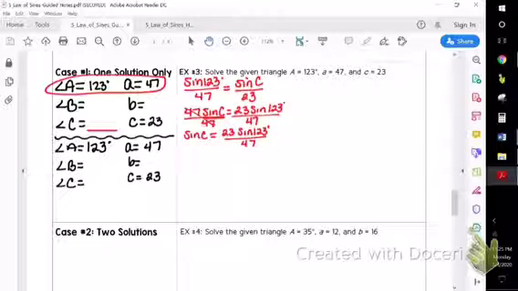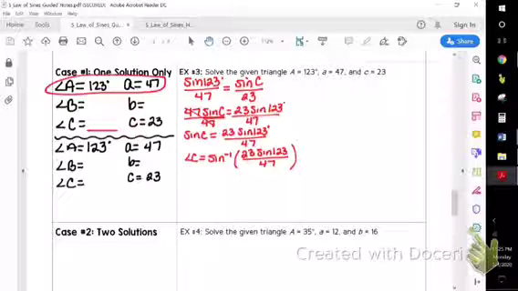Now remember, when you're looking for an angle and you have to get rid of the sine, you can only do so by taking its inverse. So angle C is going to equal the inverse sine of 23 sine of 123 degrees over 47.